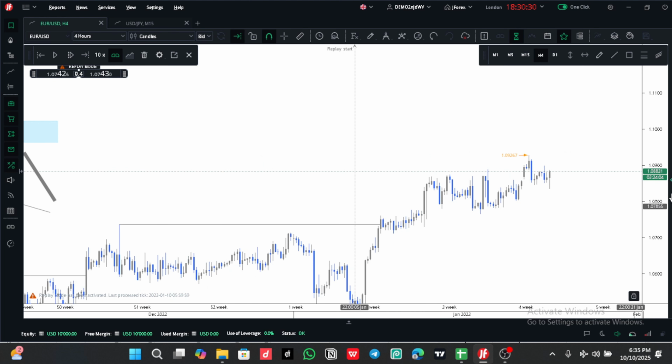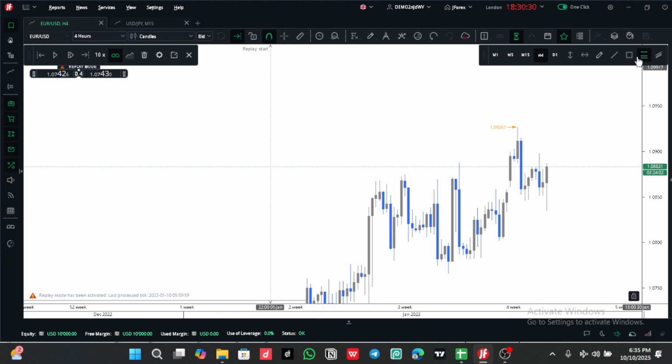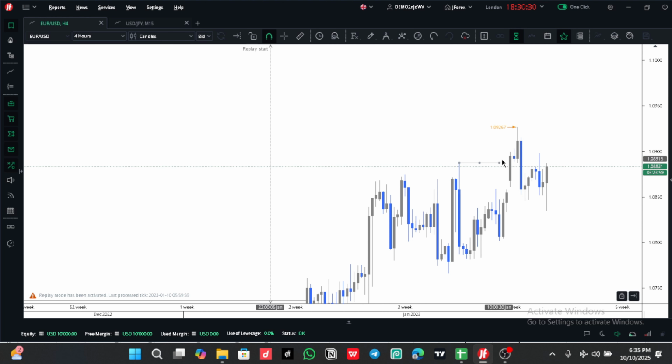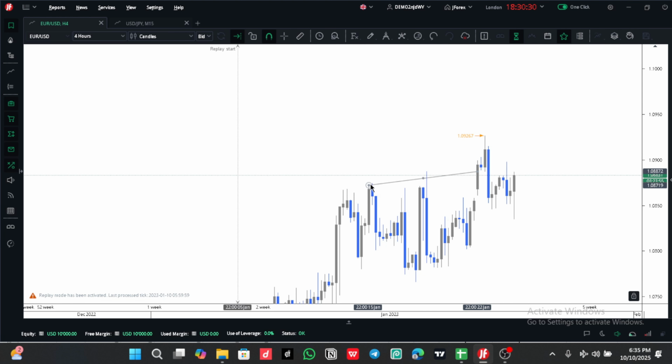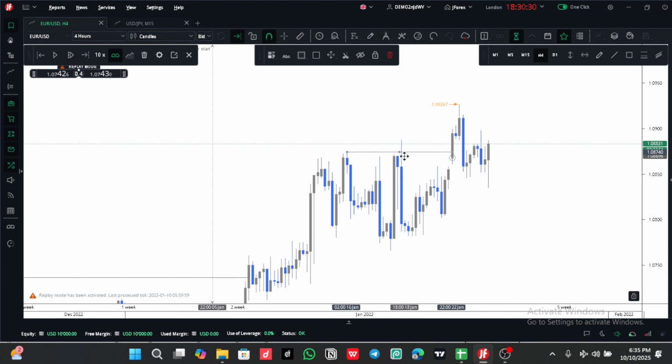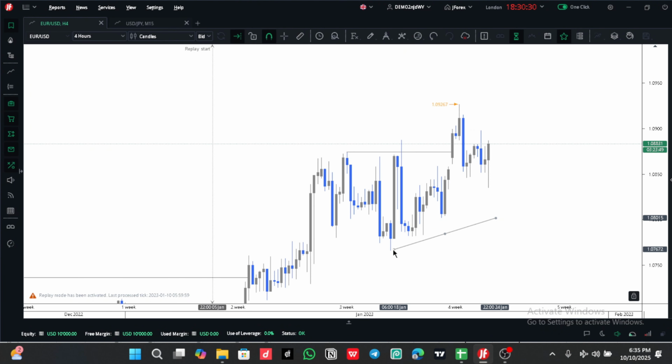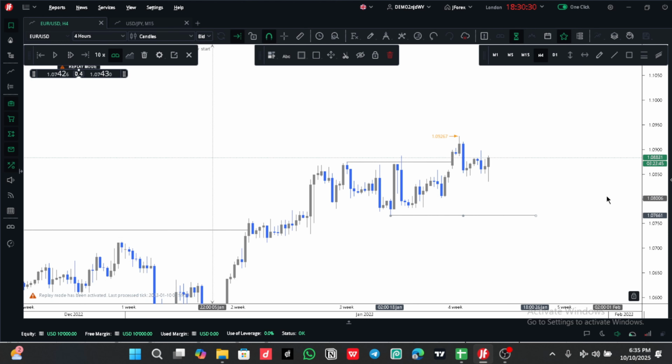Okay, I'm kind of seeing something now. Alright, I could call this a breakout structure. I can map it from anywhere I want. I can map it from here also, and this would be my strong low right there.